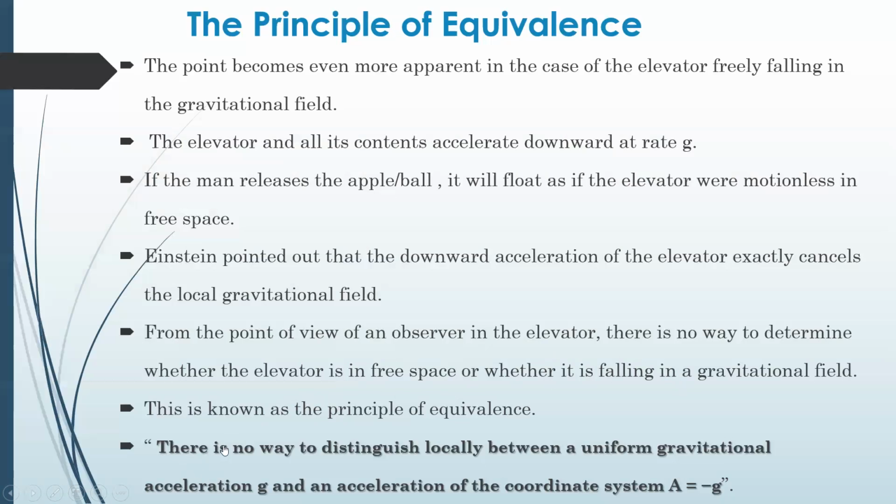It says that there is no way to distinguish locally between a uniform gravitational acceleration g and an acceleration of the coordinate system a equal to minus g. Okay, this is known as the principle of equivalence.